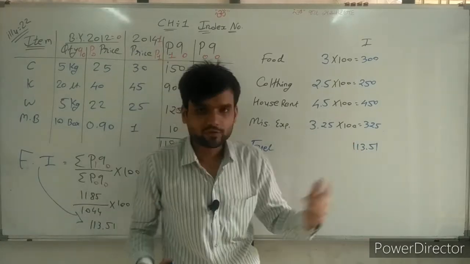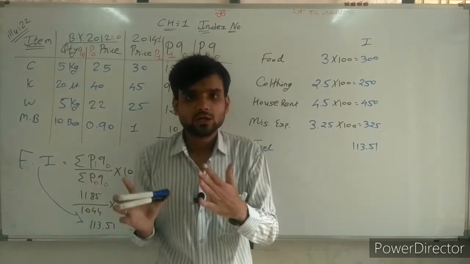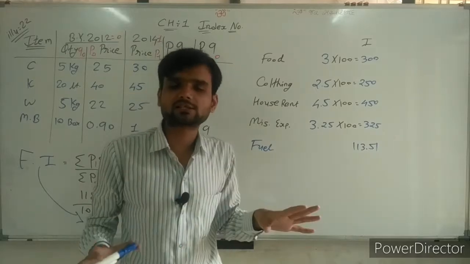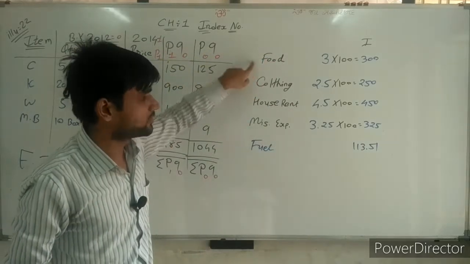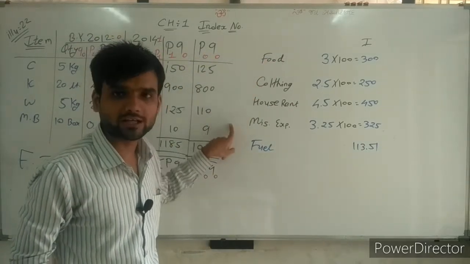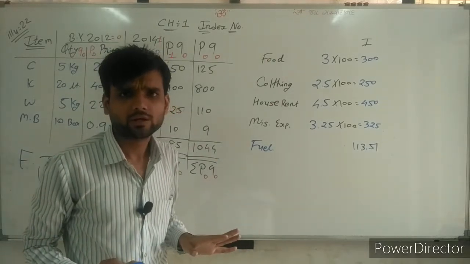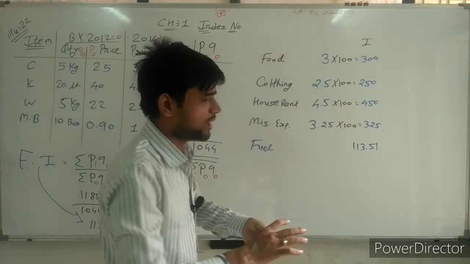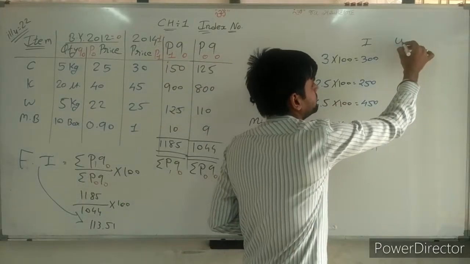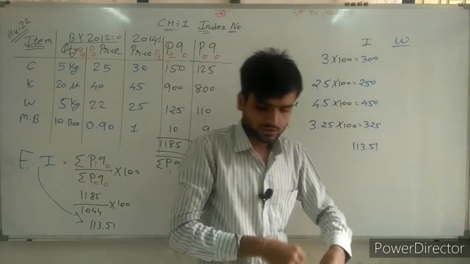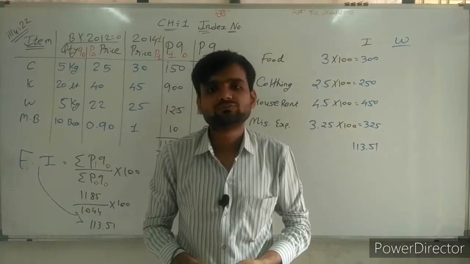Fuel index number we have already found here. Now for the life, whatever is needed, completed. Food, okay. Clothes, okay. House rent, miscellaneous, fuel, all things are complete. So I is complete. Now we are talking about W.